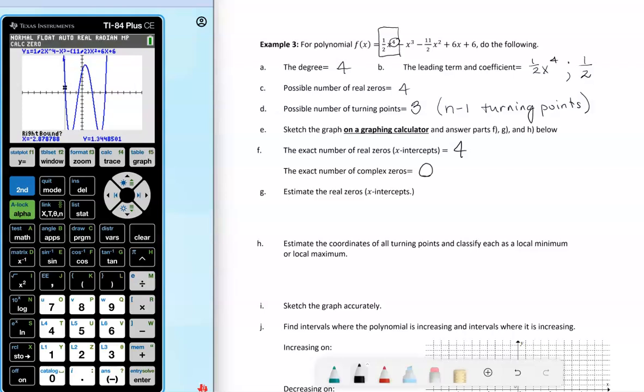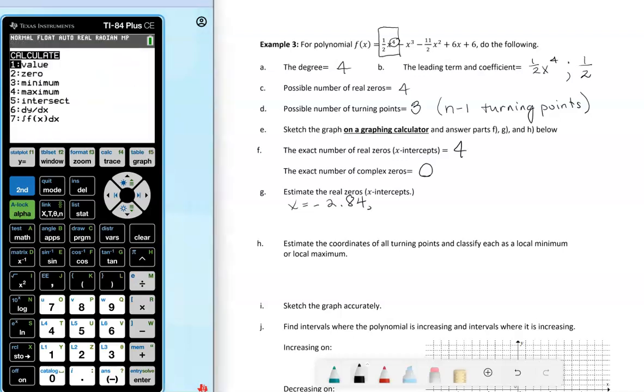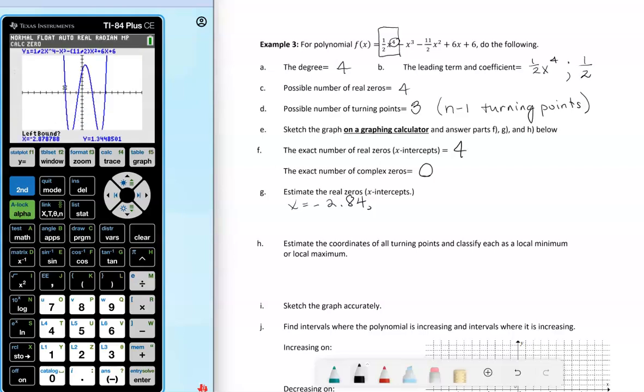So I'm going to drop my first anchor, then my second anchor. My first zero estimation is negative 2.84. Let's go get the next one. The next one is negative 0.66.